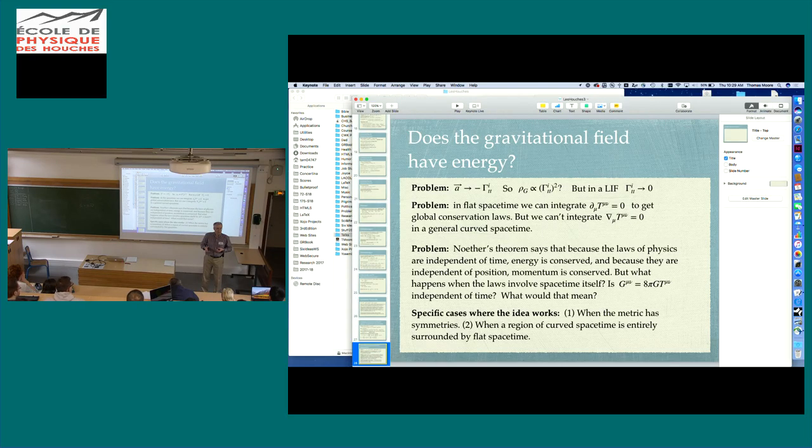And so one of the deep principles of general relativity that it's founded on is no a priori geometry. The geometry is determined by the equations themselves and nothing else. And that's what leads to this problem.